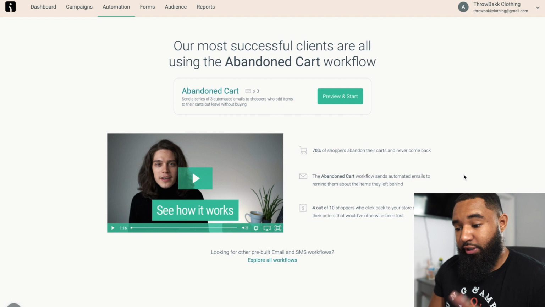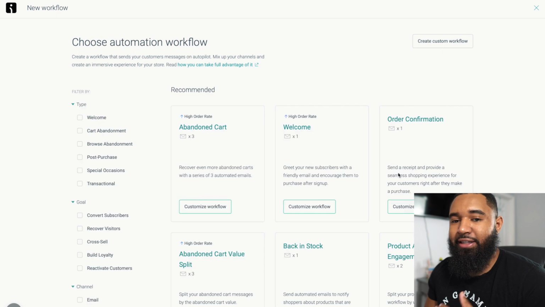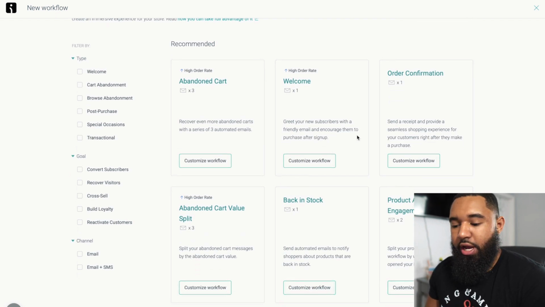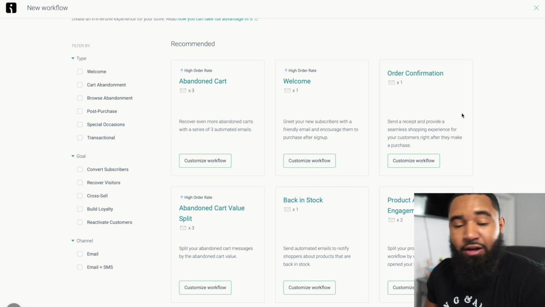Now, moving along, one of my favorite features is their automations. I definitely think Omnisend's automations are really top tier because they already have a lot of workflows built out, whether you're trying to do email campaigns or SMS campaigns. The cool thing that I like about the automations is that it's all based on the user behavior of how people have interacted with your store. So they have an abandoned cart sequence, they have a welcome sequence, they have order confirmation sequences, they have abandoned cart value splits.